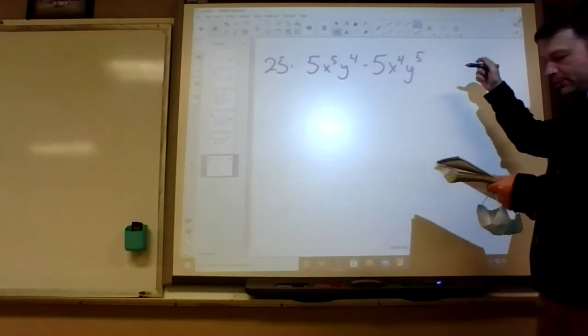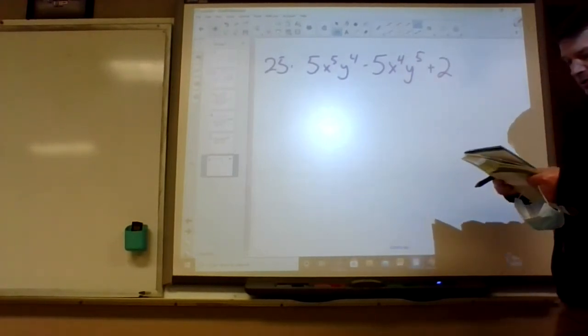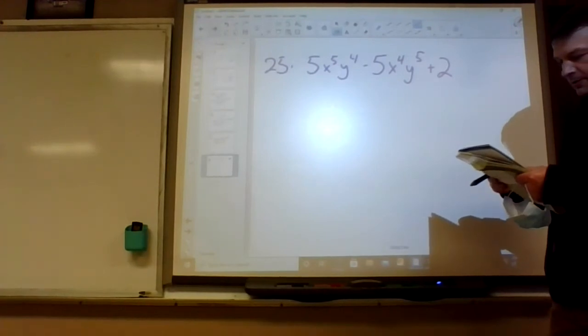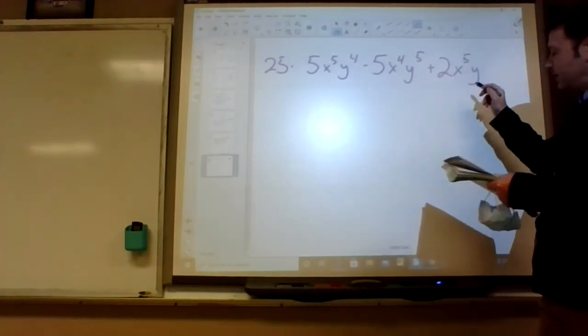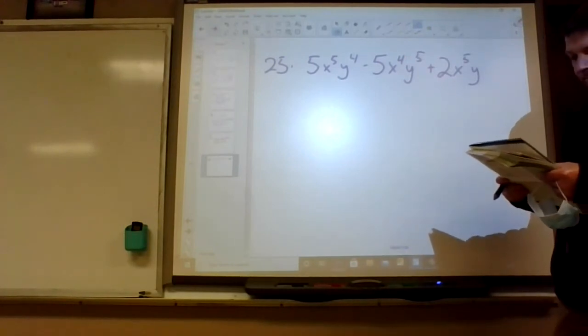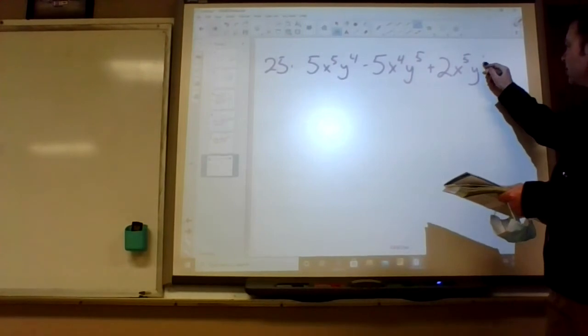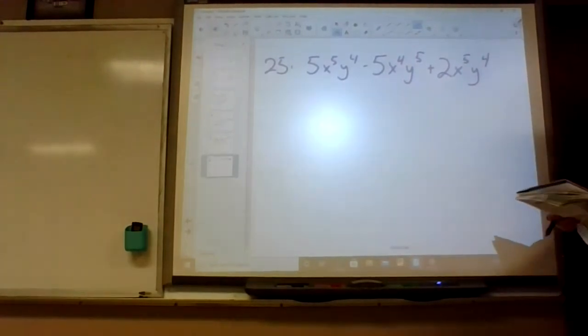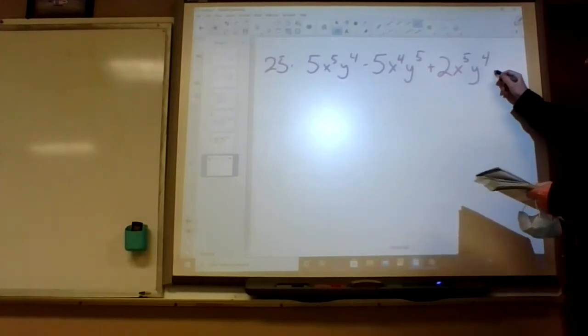On the third term, how many x's do we have? 5, x to the 5th, times how many y's? 4. Look before you speak. And then on the last term, does that simplify any? No.